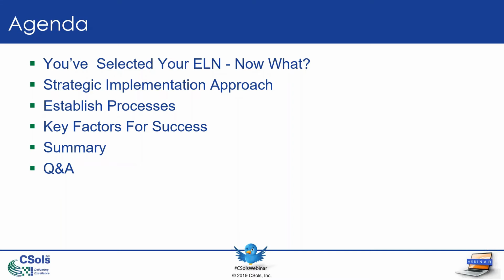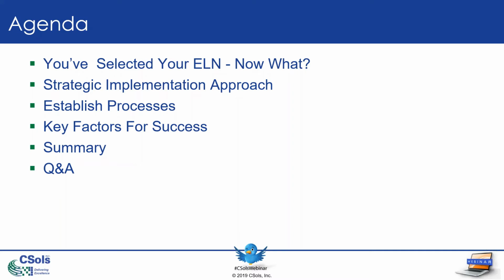Looking at today's agenda, we're going to cover the following items. First, you've selected your ELN. Now what? We'll highlight major key implementation considerations, such as the stakeholders, the governance, and the involvement of end users.